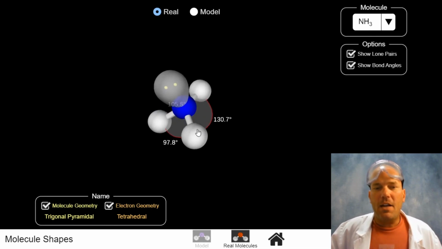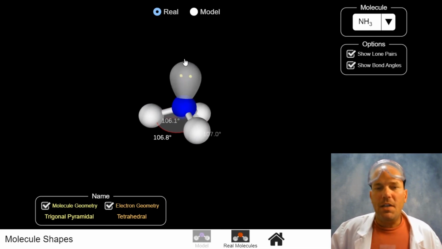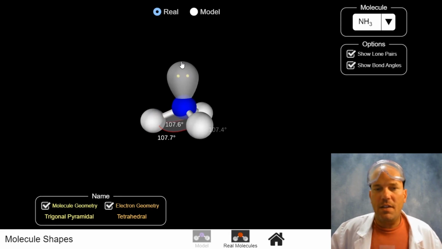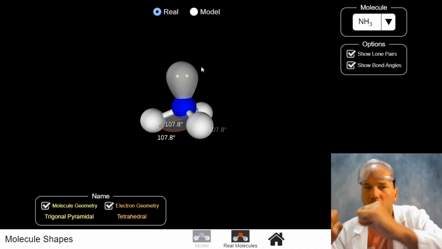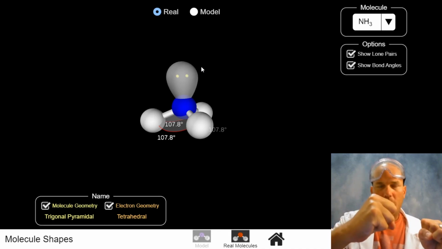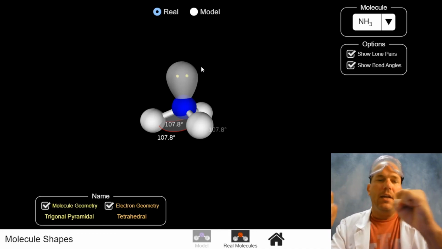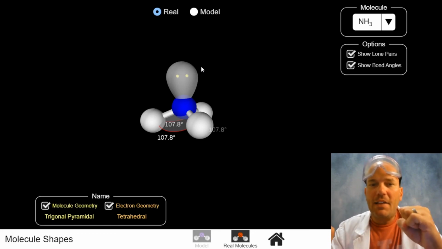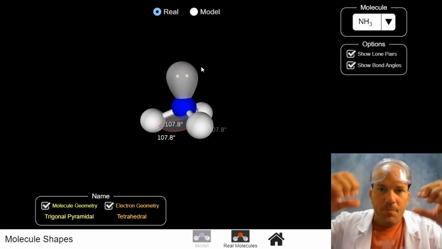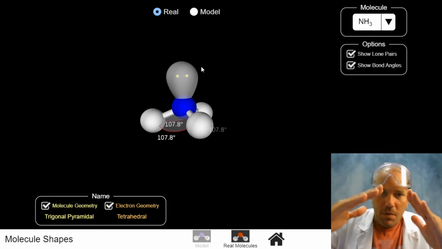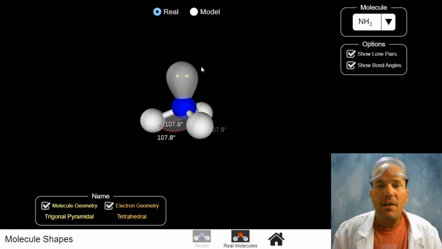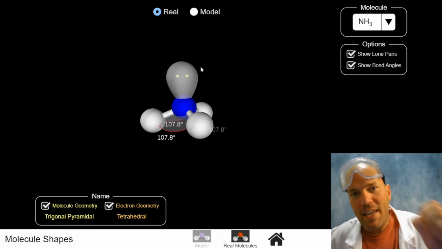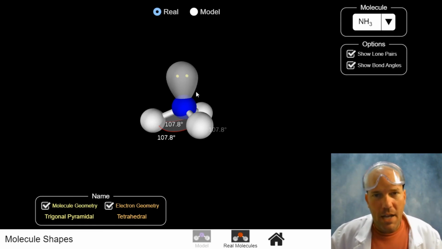And if you look at ammonia, you'll see, as I discussed in the examples, that that lone pair is able to move around more. Okay, we saw that in the example with sulfur dioxide. So what is it doing? That lone pair is moving around more and effectively decreasing the bond angle, making it less than 109.5.